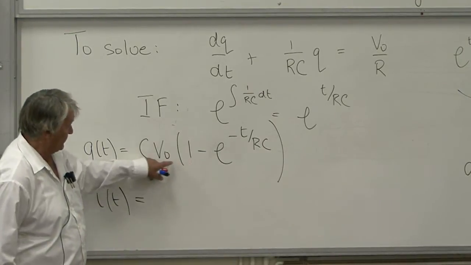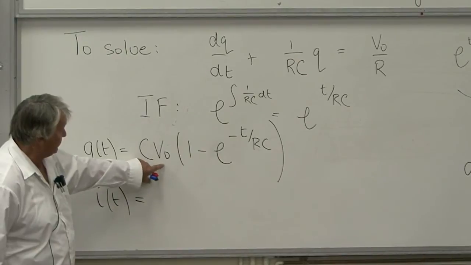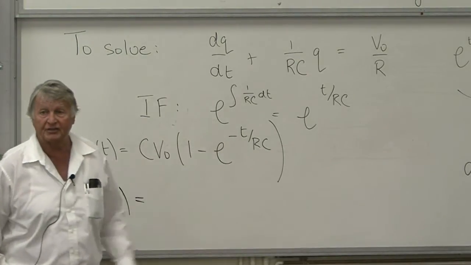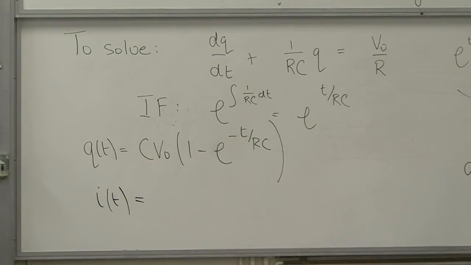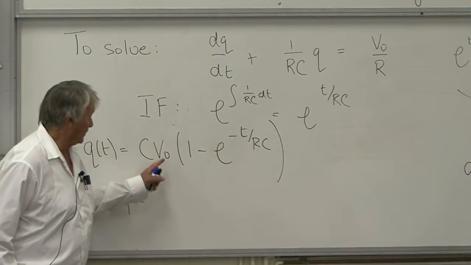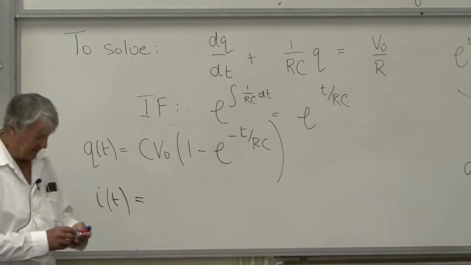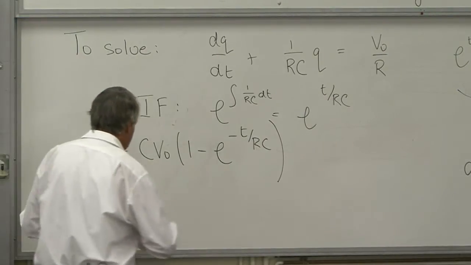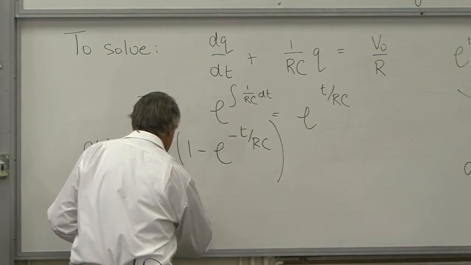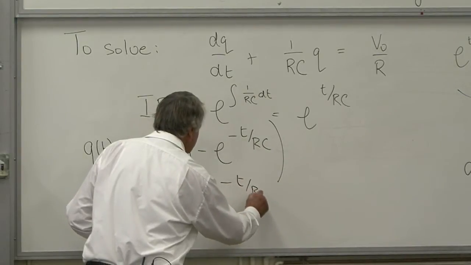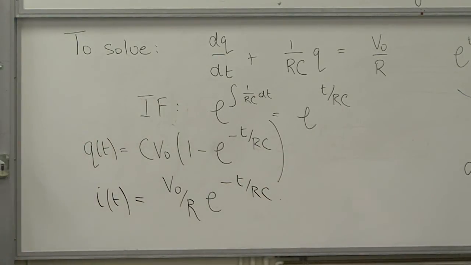I get nothing for the first term, that's a constant. So I have minus CV0 times e to the minus t over RC. So negative CV0 over RC times that term, times the minus sign. So it'll be CV0 times 1 over RC. The C's cancel out, so it's just V naught over R e to the minus t over RC. Is that right? That's the current.